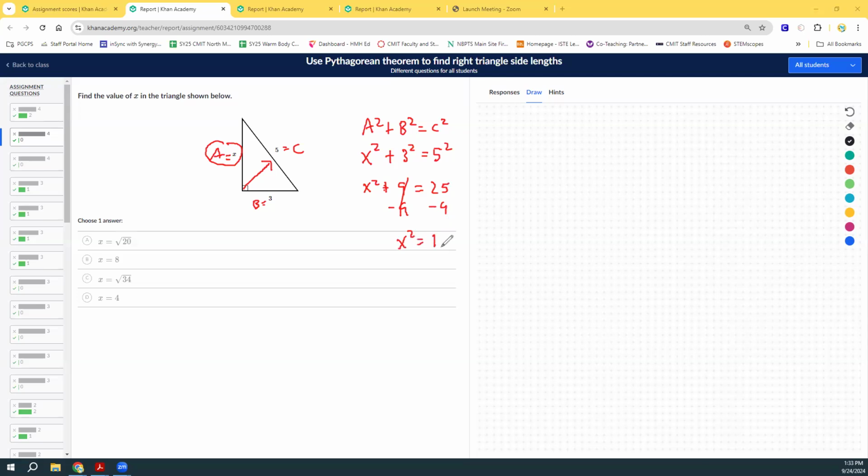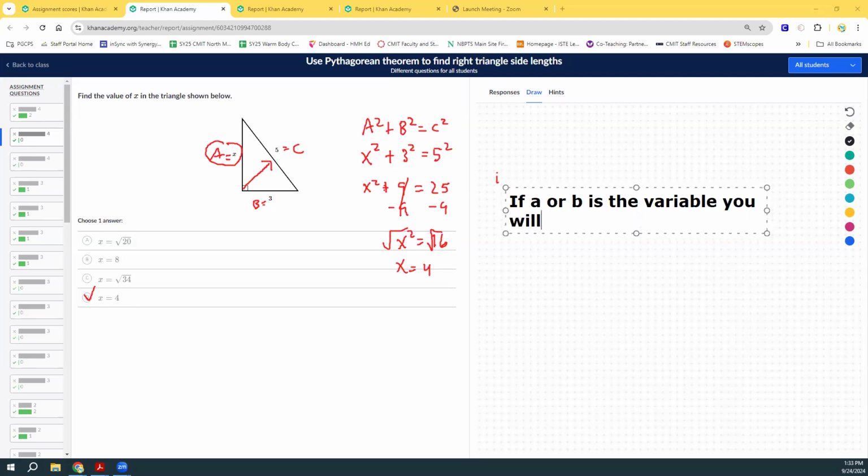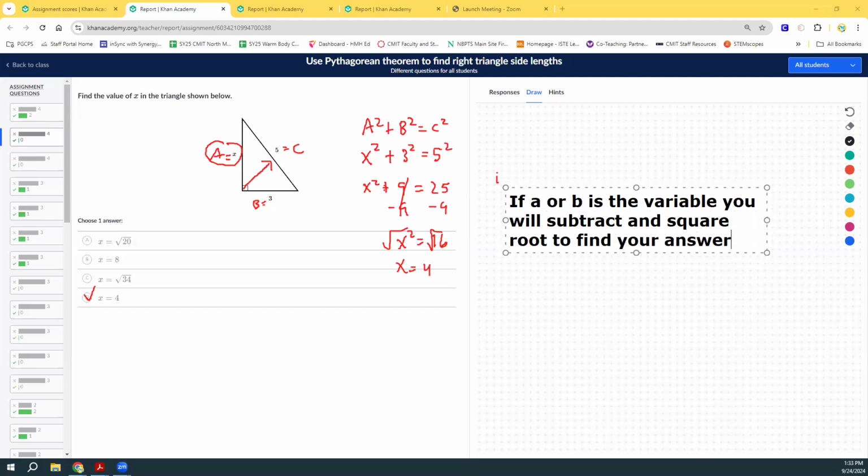25 minus 9 is 16. Then we square root both sides. X equals 4. Okay, so make a note to yourself. If A or B is the variable, then you're going to subtract. I'm going to type that out. It's my handwriting. If A or B is the variable, you will subtract and square root to find your answer.